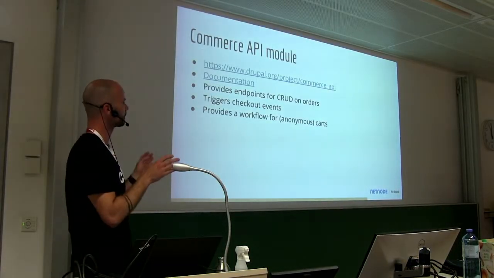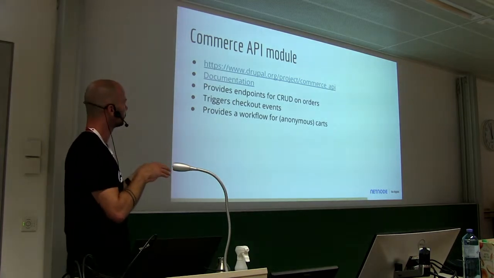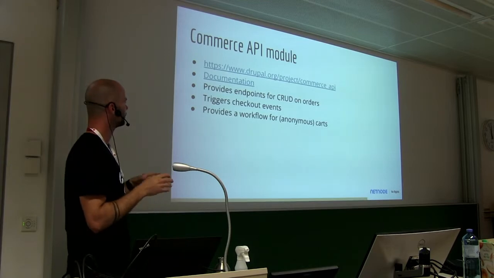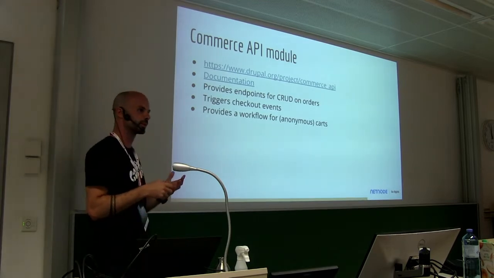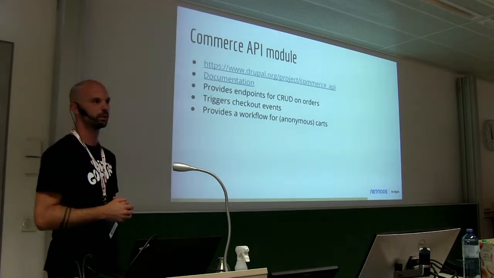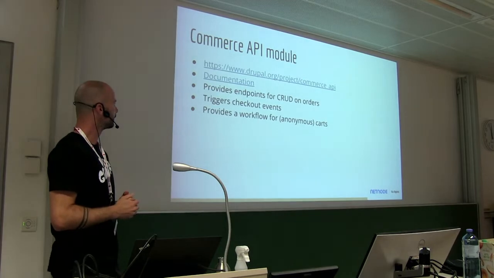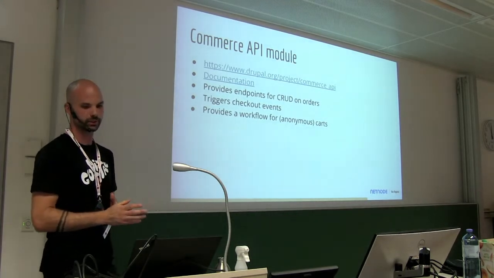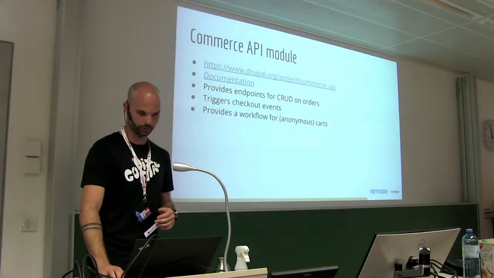And then you can also transition the cart to orders. And these state transitions of orders, they also trigger events which you can subscribe to that you might know from the commerce module. And it also provides a really nice workflow for anonymous carts, which I will talk about in the next slide.